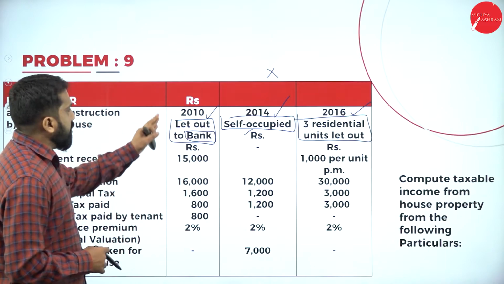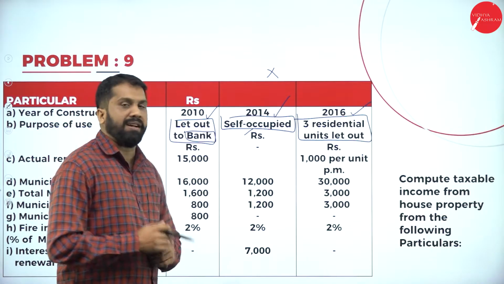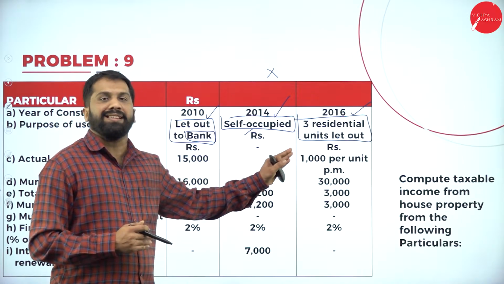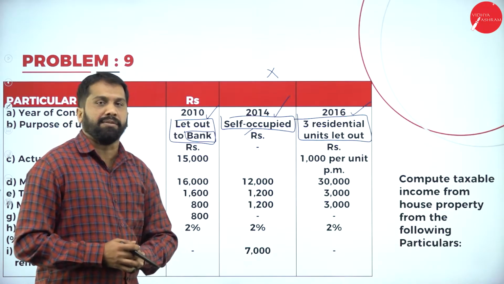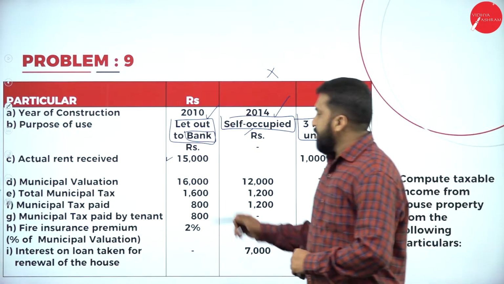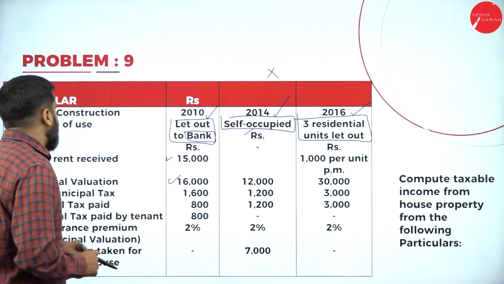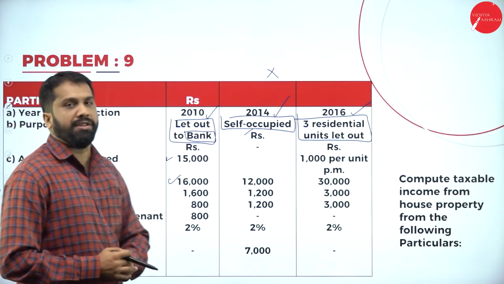Now, first we will do the one let out to the bank, later we will come to self-occupied, and later we'll go for the 3 residential houses let out. So the actual rent is 15,000. Along with this, they have given 16,000 as municipal valuation.